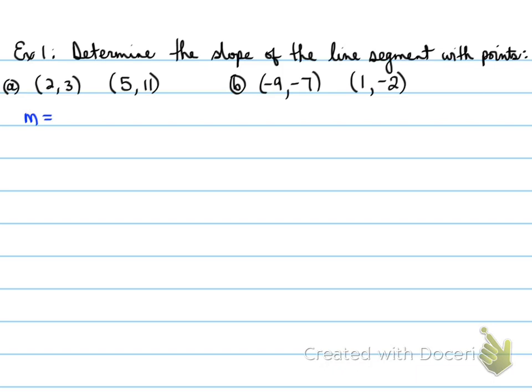The slope is equal to... what you have to do is take the points that we have, (2, 3) and (5, 11), and use the formula. How are we going to do that? Well, x1, y1, x2, y2.